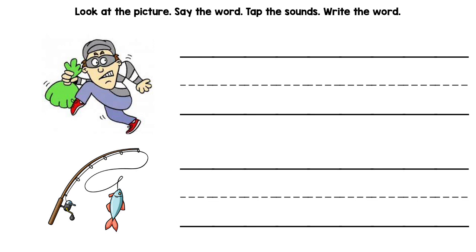Look at the picture, say the word, tap the sounds, then write the word. The first word is rob. Tap the sounds in rob. Write the sounds in rob on the paper.